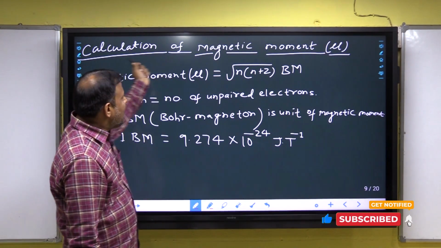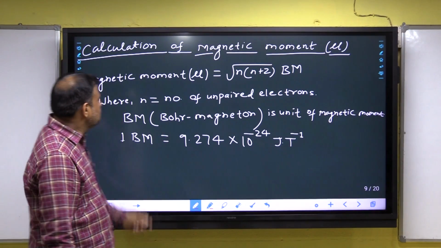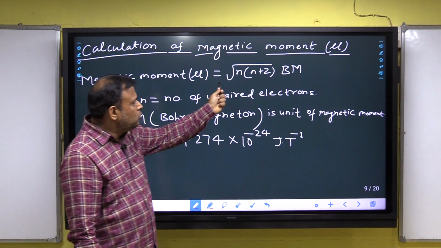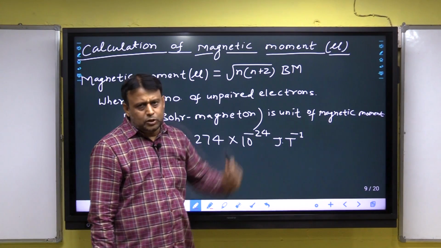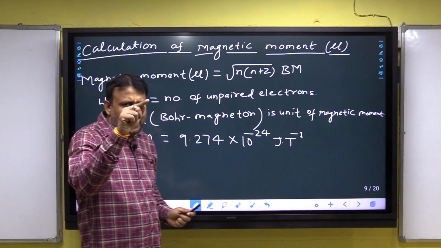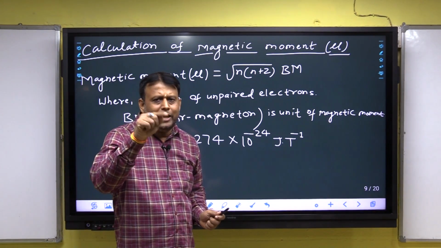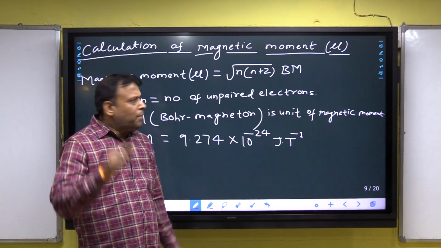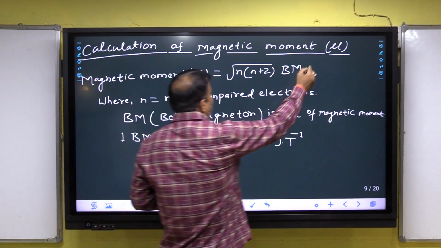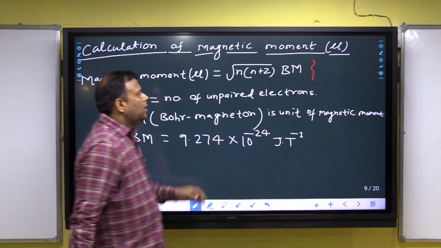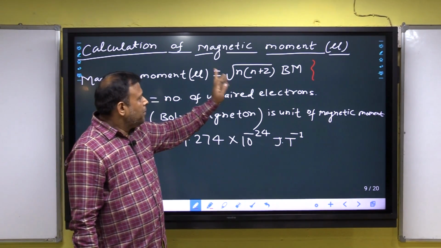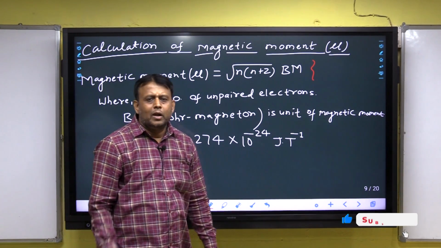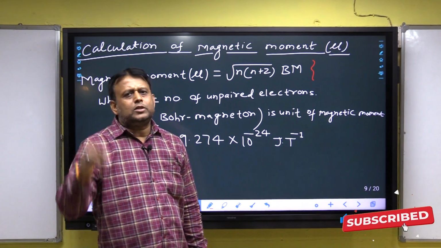The topic is calculation of magnetic moment. The magnetic moment, symbol mu, is equal to root under n into n plus 2 BM.